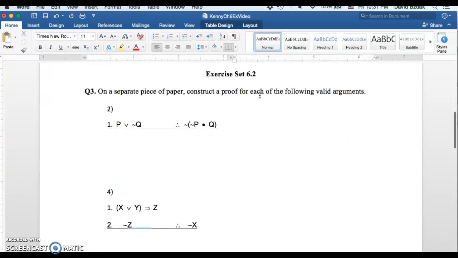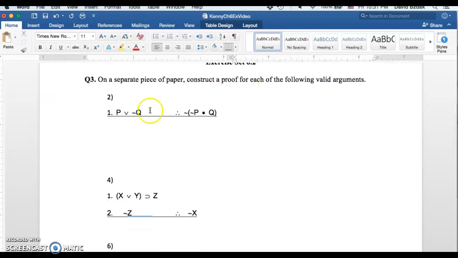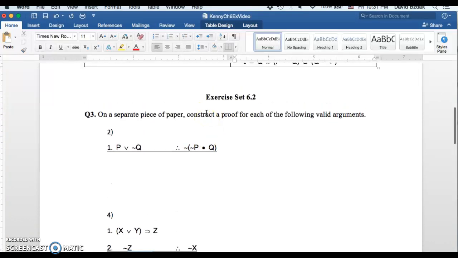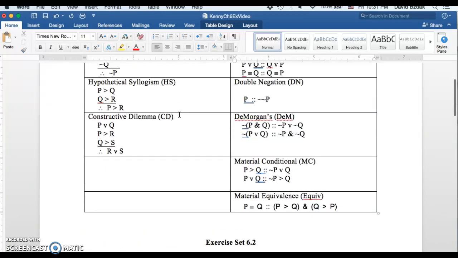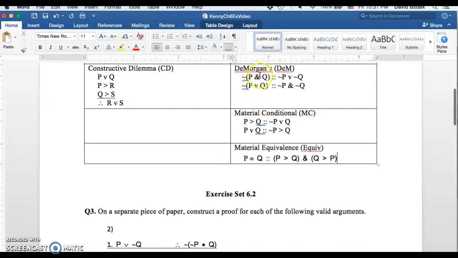So number 2, all right, P or not Q, one premise, conclusion, not P and Q. So if you look at the new rules, you can see this kind of looks like a De Morgan's, right? So you have disjunction on one side, and you have the negation of a conjunction on the other.